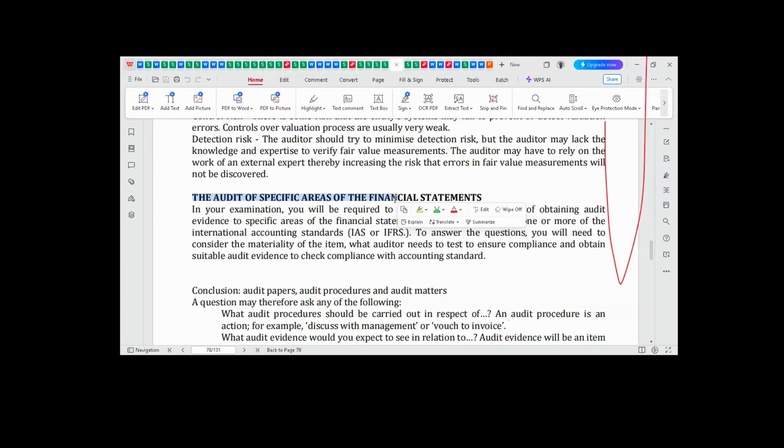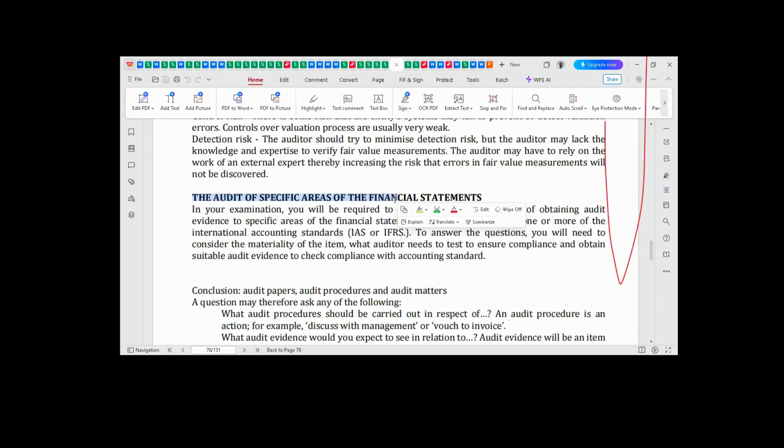Your IAS 1 contains accounting principles and accounting conventions. Principles: are you preparing your financial statement using the cash basis, or are you using the accrual basis? Either you use cash basis or accrual basis, right? That is what we mean by accounting principle. Accounting conventions could be instances of what? Consistency.